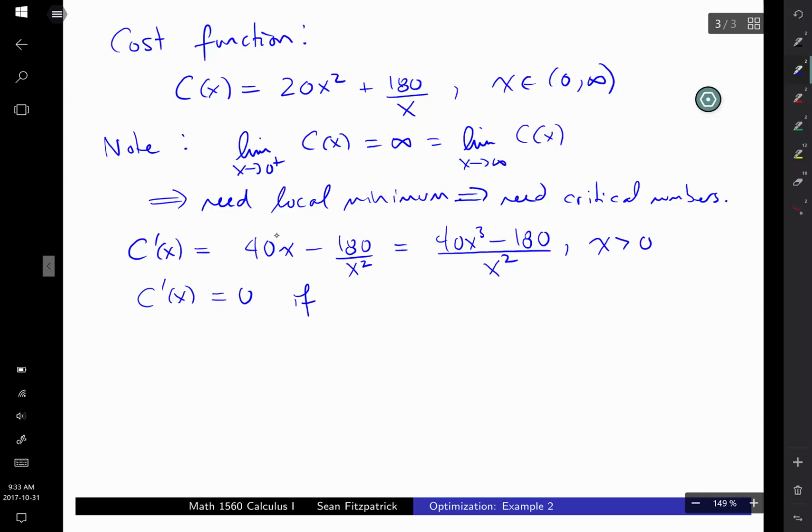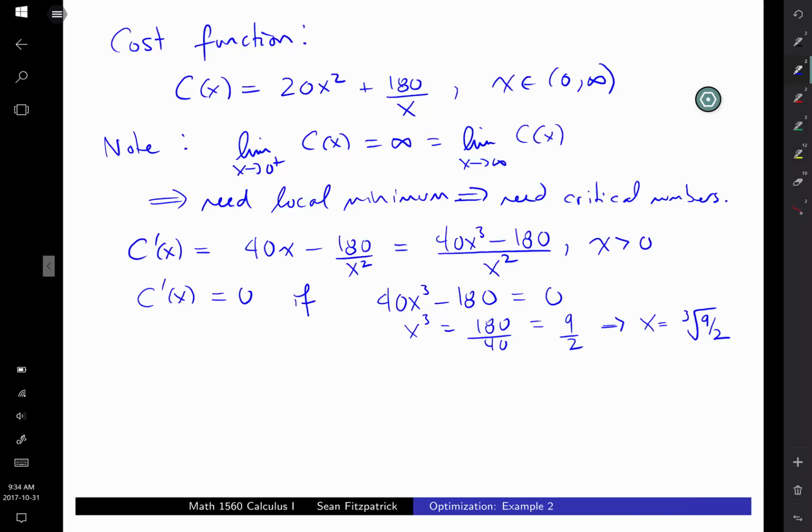is if 40x cubed minus 180 equals 0. So that means that x cubed is 180 over 40, which is 18 over 4, which is 9 over 2. Okay, so this time we don't get a particularly nice critical number: the cube root of 9 over 2.